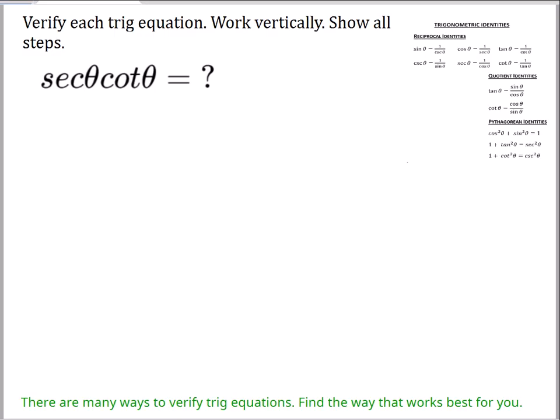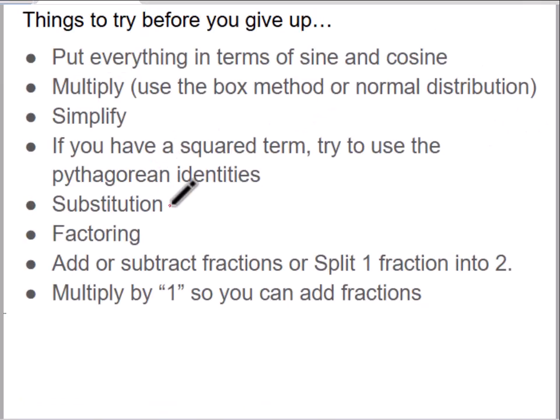Okay, and so here are some things that might be helpful that you can try today. I'm going to have this on the board for you so that you can see what of these things I have tried to help me simplify what I'm trying to do. A good rule of thumb is to put everything in terms of sine and cosine.